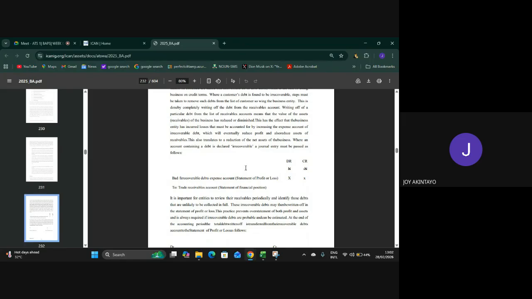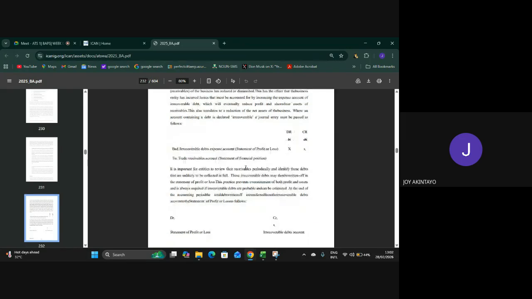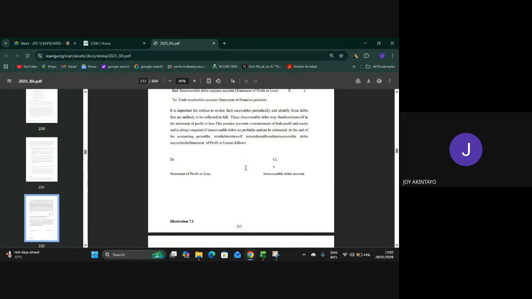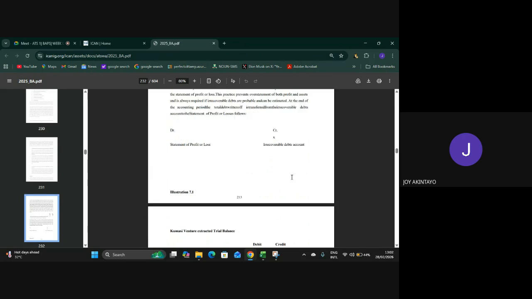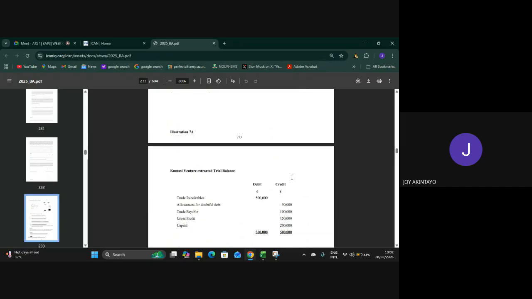That's how to treat that. Are we together? So this is what we do. We debit our statement of profit or loss, then we credit the irrecoverable debt account in order to write it off. So that's how we treat it.